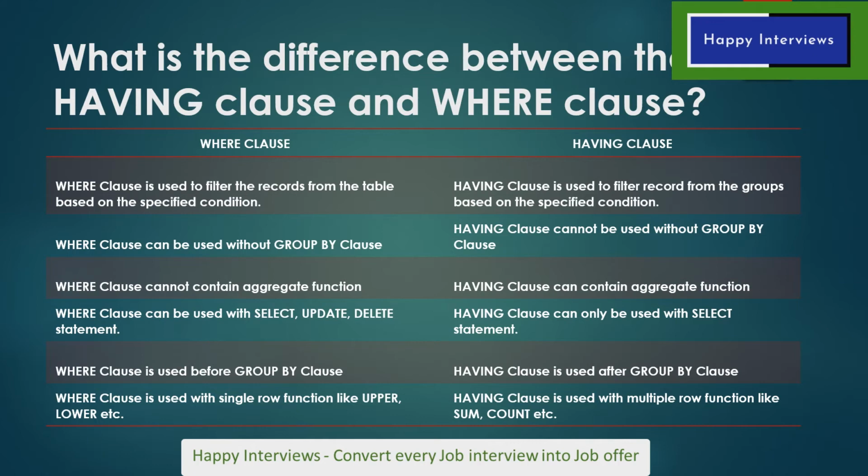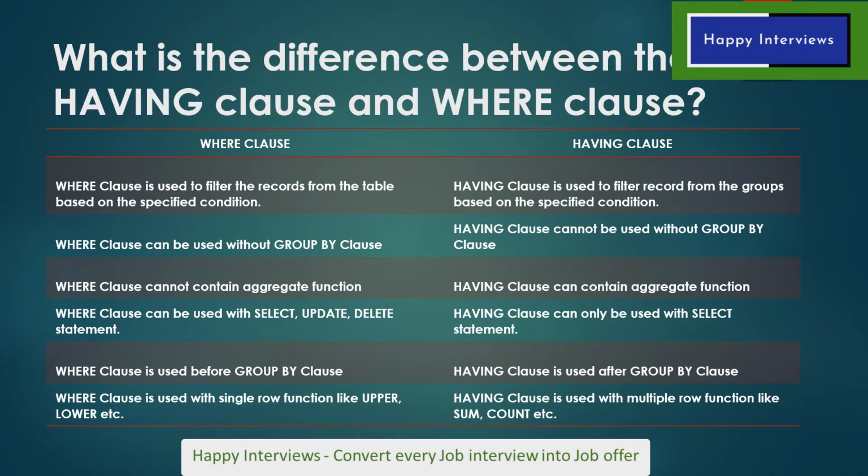So where clause can be used without group by clause also, but having can't be used without group by. Where clause cannot contain aggregate functions. There are some aggregate functions that we studied in part 2 of SQL interview questions. Those aggregate functions can't be used with where clause. They need to be used with having clause only.